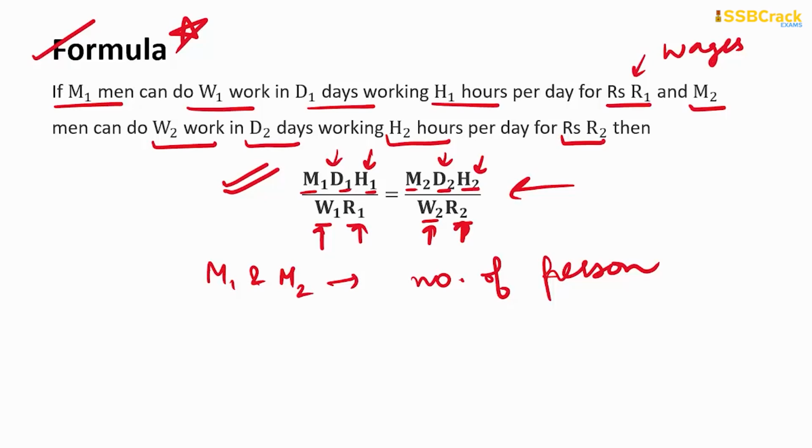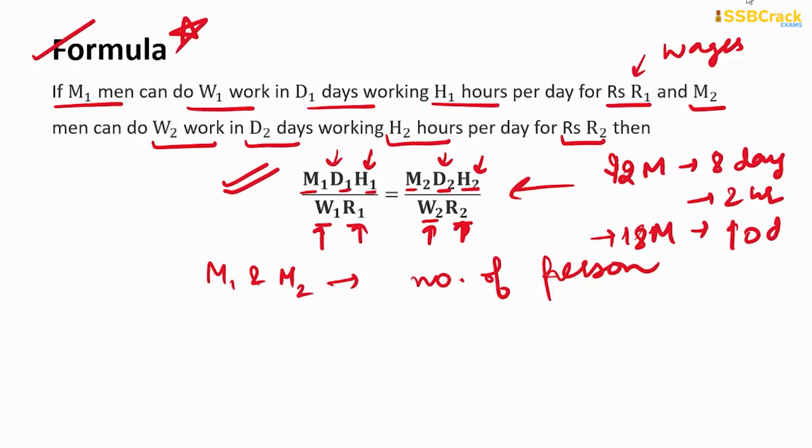See, if in the question you are given that 12 men can complete a work in 8 days, working 2 hours per day, right? And the similar work is completed by 18 men working 10 days and working how many hours per day?